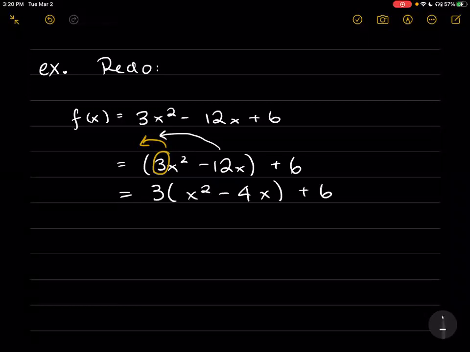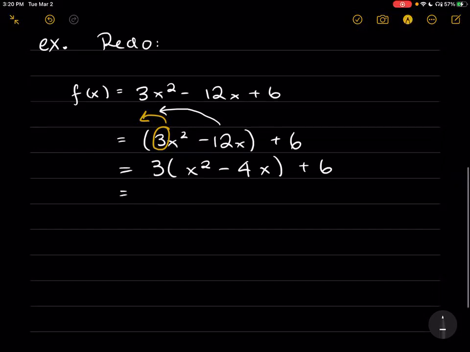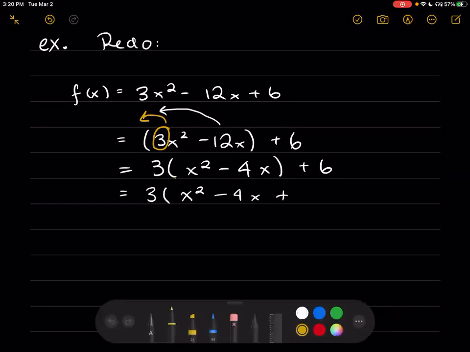And then we're going to do that add and subtract thing that we did last time. So we have a 3 still outside, x squared minus 4x plus, and the b for this thing here is negative 4. So we get negative 4 over 2 all squared.